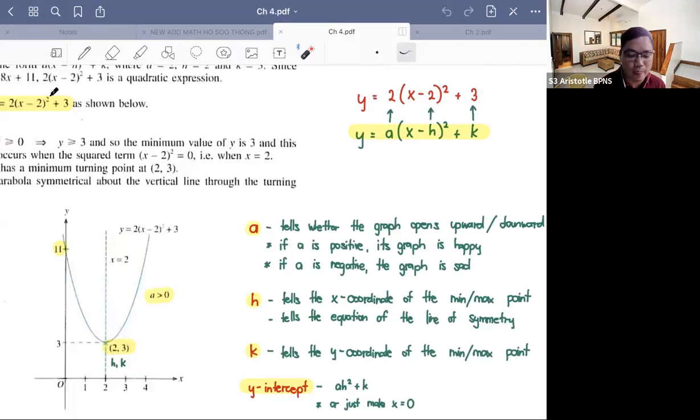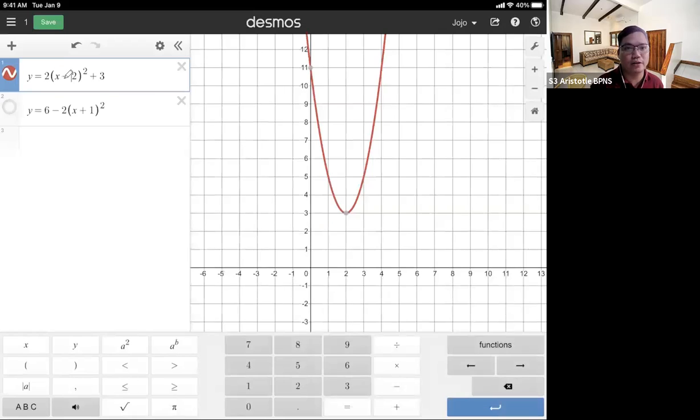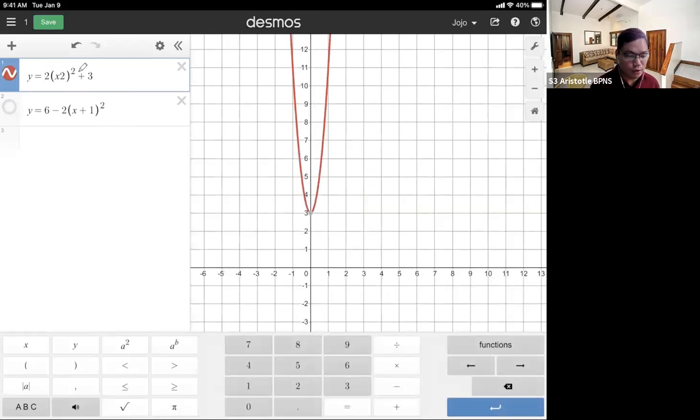Now, class, listen. If this is -2, your x-coordinate is positive. Okay, what if this is +2? What will happen? Okay, so let's change that -2 into +2. So I'll remove the -2 and then let's make it +2. So what happened? So your graph shifted to the left, right?